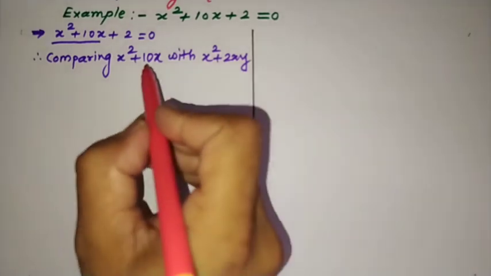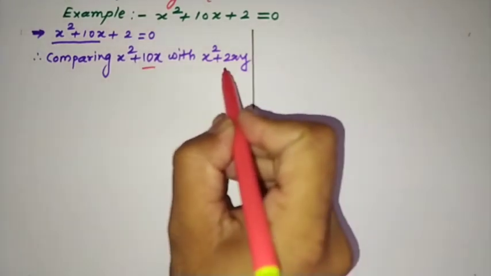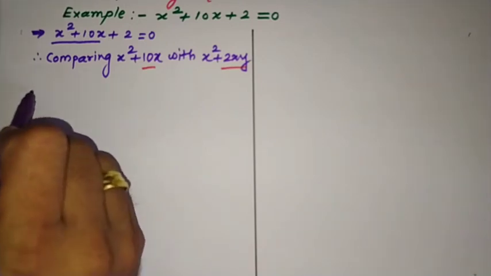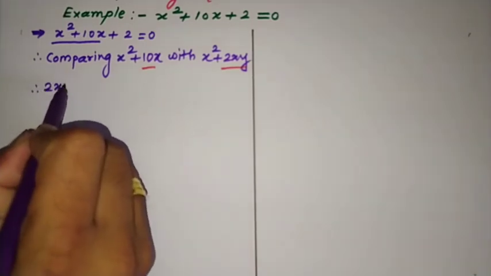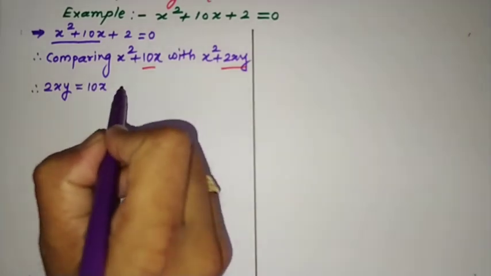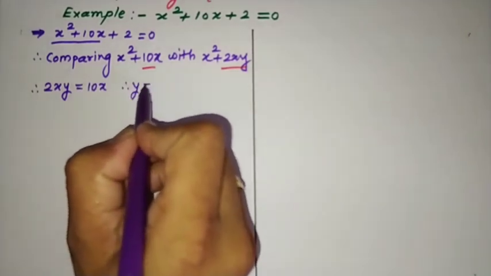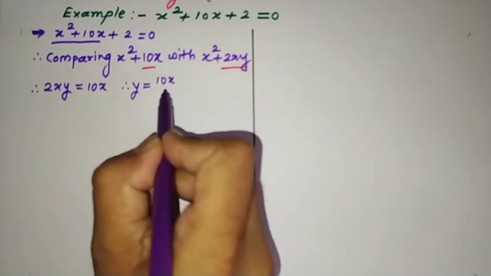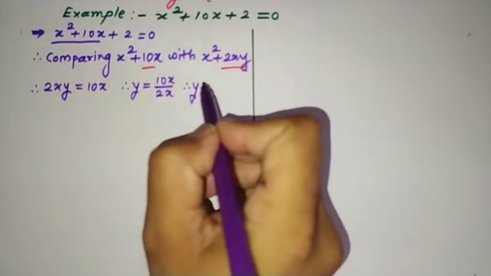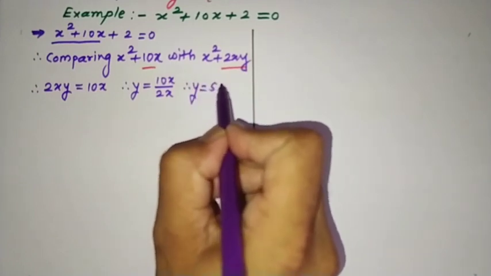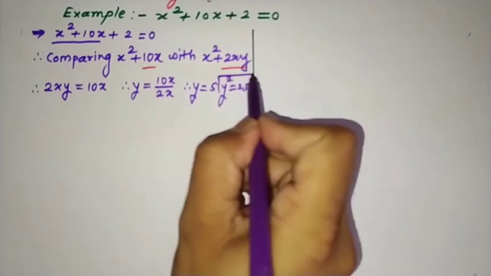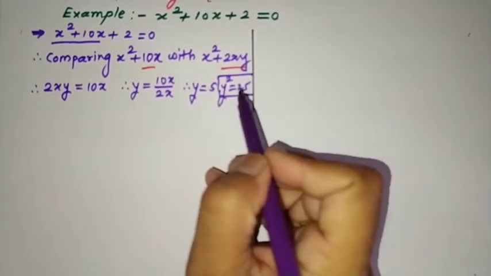Compare the term 10x with 2xy. Therefore 2xy is equal to 10x. Therefore y is equal to 10x upon 2x. Therefore y is equal to 5 and y square is equal to 25.